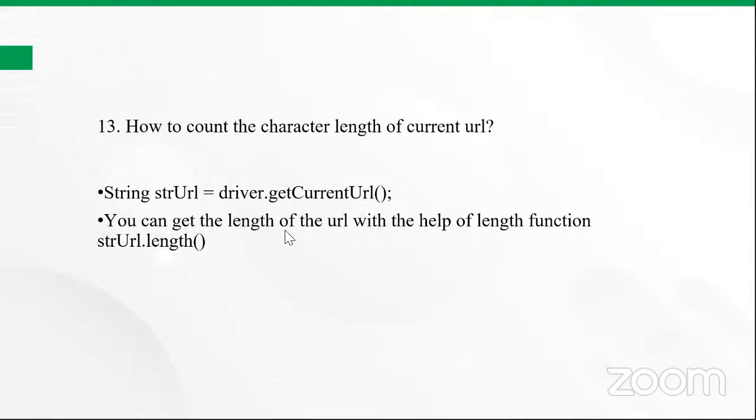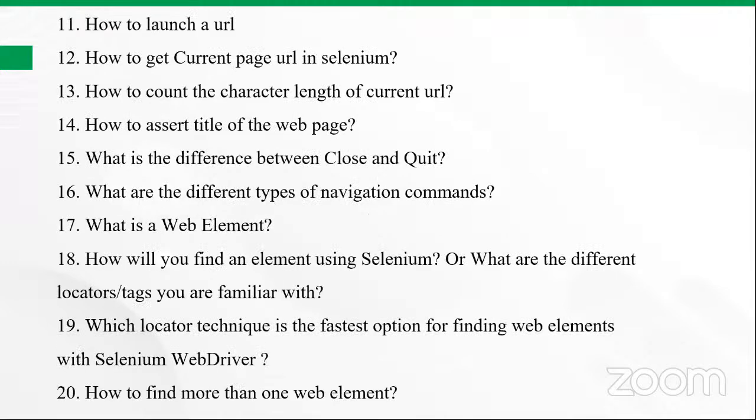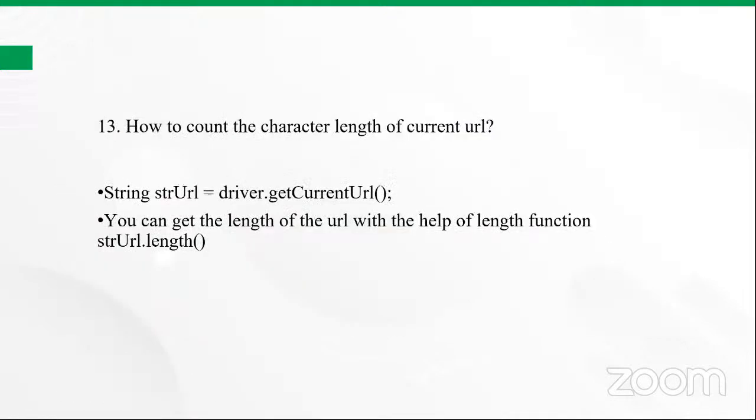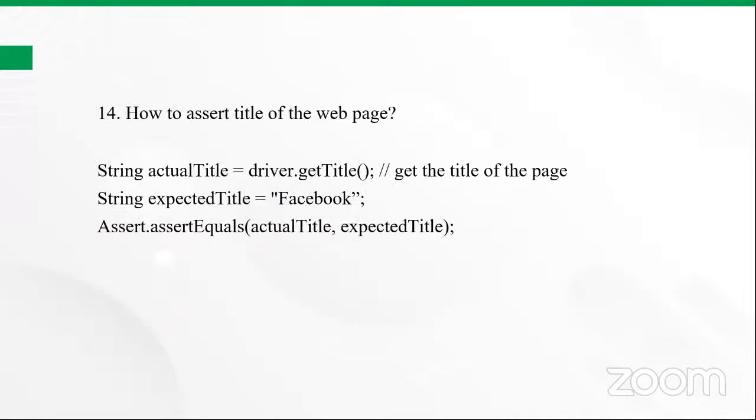Okay. So how do you assert the title of the web page? To assert the title of the web page, the first thing that we need to do is get the title of the page. How do we get the title of the page? By using the browser command driver.getTitle.